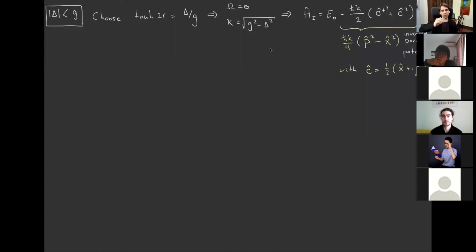Now, I don't know if you have studied this, but you can imagine that if you have an inverted parabolic potential, which means that the potential energy goes to minus infinity when x goes to infinity, this problem cannot possibly have stationary states, because no matter where you put the particle, what the particle will try to do is go to infinity, because this is where the energy becomes smaller and smaller and smaller.